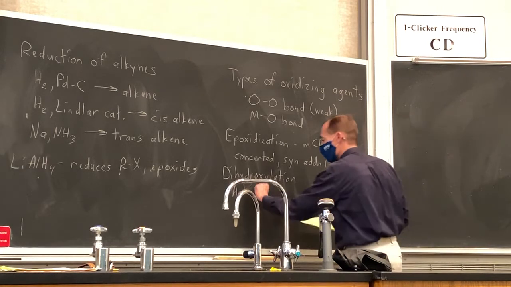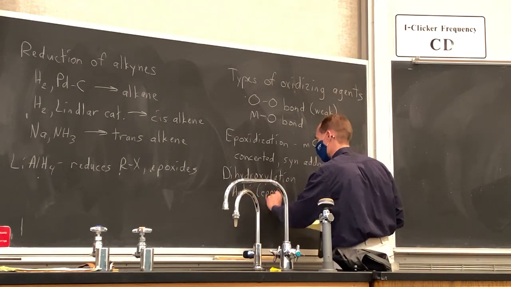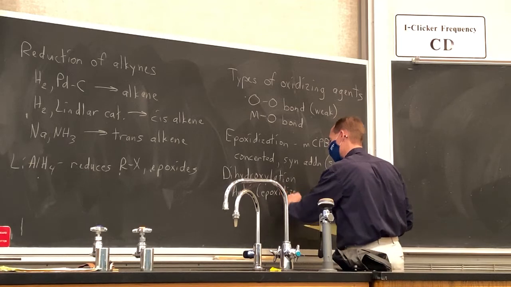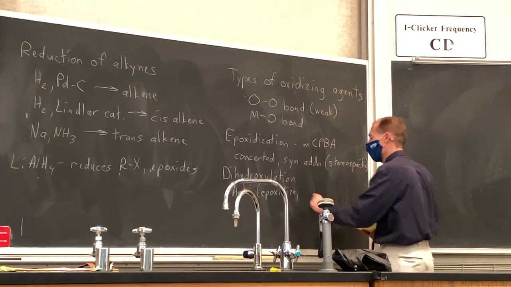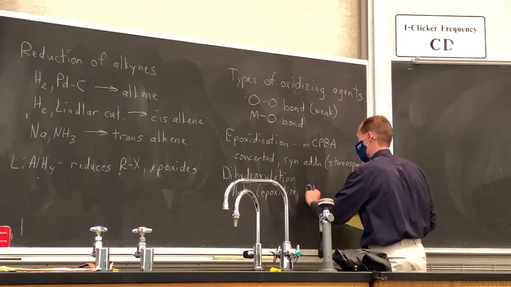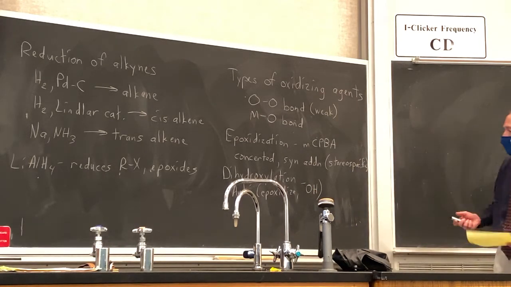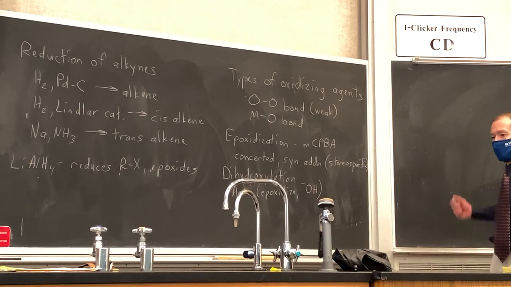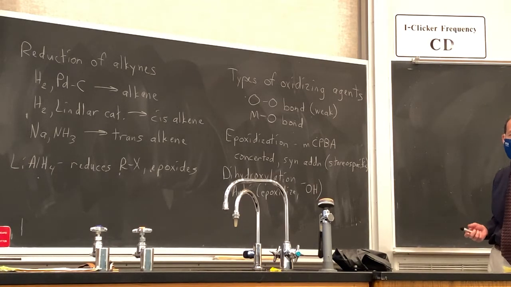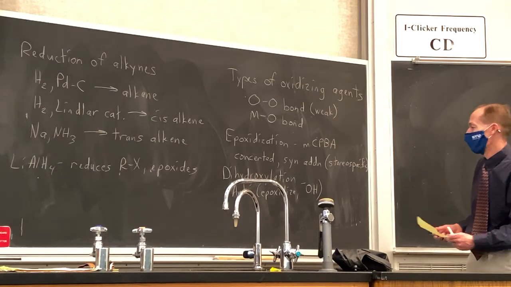We have to epoxidize first, and then we have to open the epoxide with OH minus. Okay, so we have a syn addition in the epoxidation, and then we have inversion when we open the epoxide with hydroxide. The net result is an anti dihydroxylation.